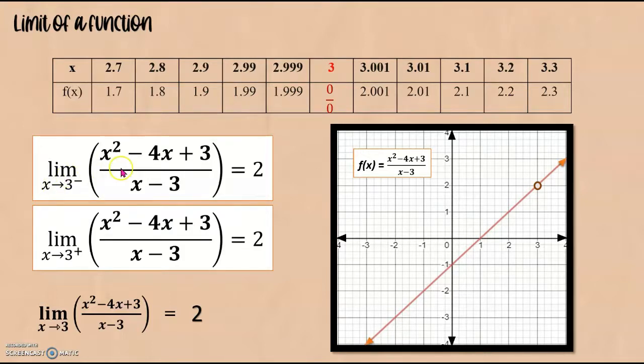Since the limit as x approaches 3 from the left is equal to 2, and the limit as x approaches 3 from the right is still equal to 2, the limit of x squared minus 4x plus 3 all over x minus 3 as x approaches 3 is 2. Meaning to say, when your left-hand limit and your right-hand limit are equal, then that is the limit of the function.